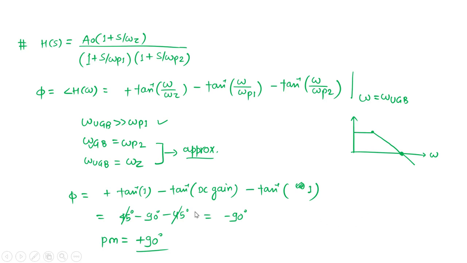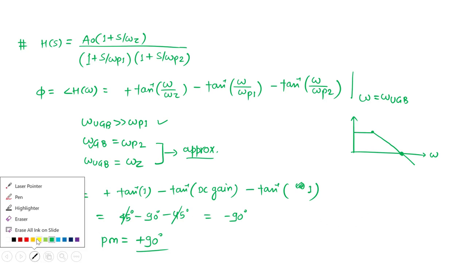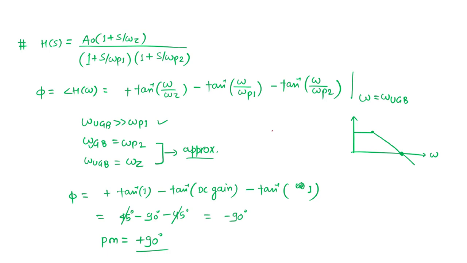After UGB also, it is like a first order system because there is a pole zero cancellation happening here, because I have considered omega p2 equal to omega UGB and omega z also equal to omega UGB, just as a case. So they are cancelling each other. So what I am saying is, if my system has a first order response till UGB, it is very good.